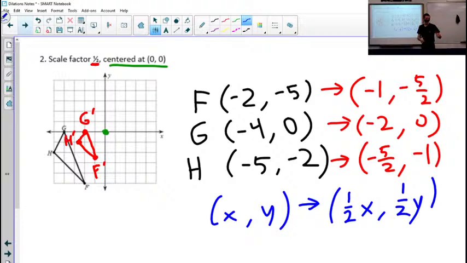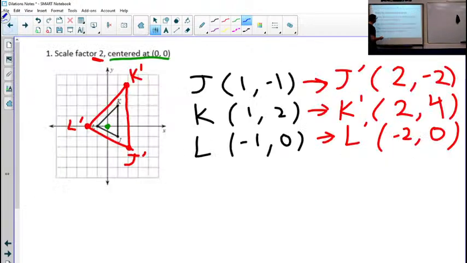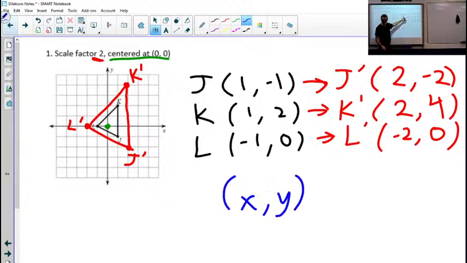This was called a coordinate rule when we did this with transformations. It's a general rule for the coordinates to show what happens to x and y, where x and y goes. And so we can do a similar thing here with our x and y coordinates on the last example. Taking a look at the last example, notice what happens to the coordinates.